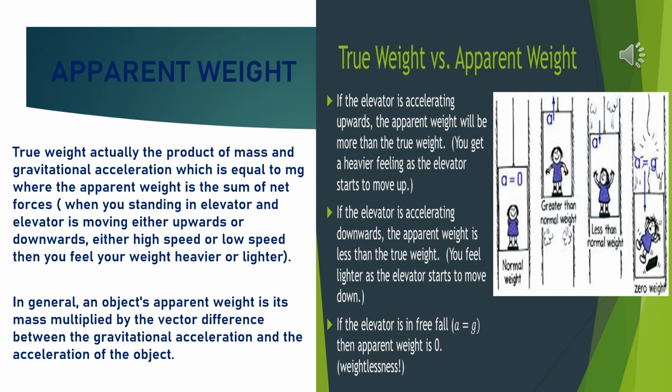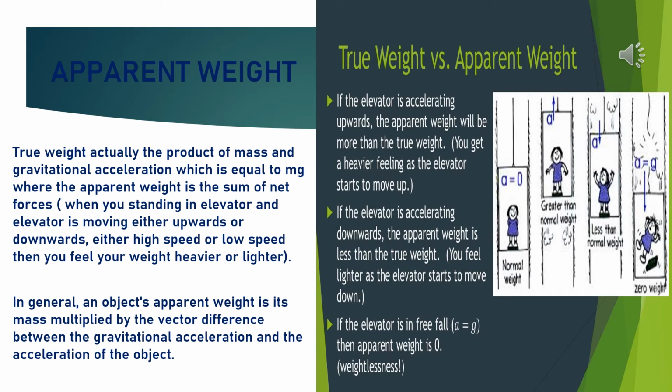Now, apparent weight. What is this? True weight is actually the product of mass and gravitational acceleration, which is equal to mg. All of you must know that W is equal to mg, whereas the apparent weight is the sum of net forces when you are standing in an elevator and the elevator is moving either upwards or downwards, at either high speed or low speed.